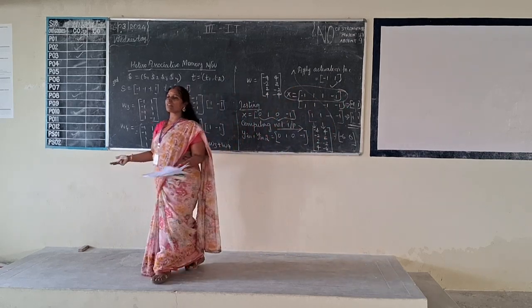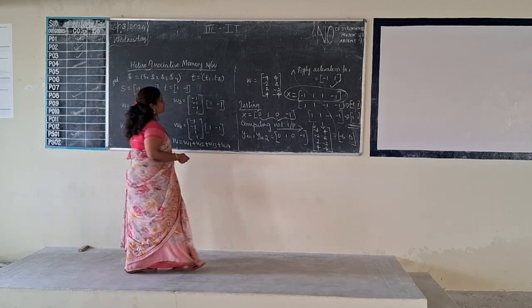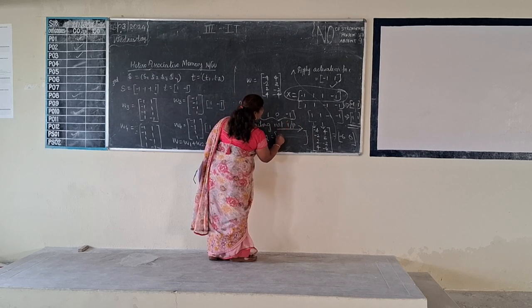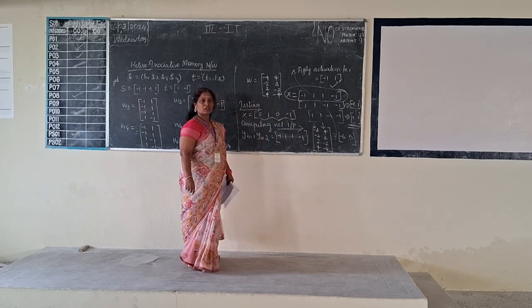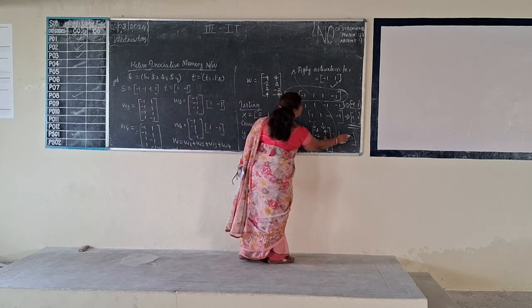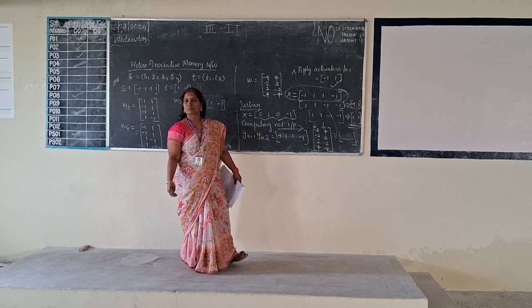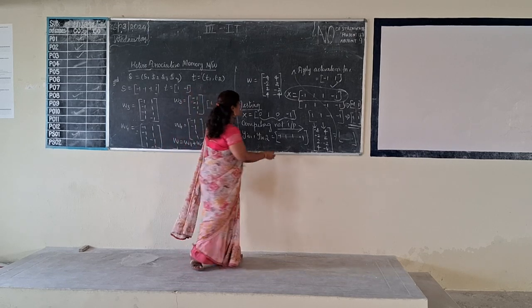Now it's your turn to complete this. Your x is minus 1, 1, 1, minus 1. And this is your weight matrix, perform the computation. Write clearly and perform the computation.